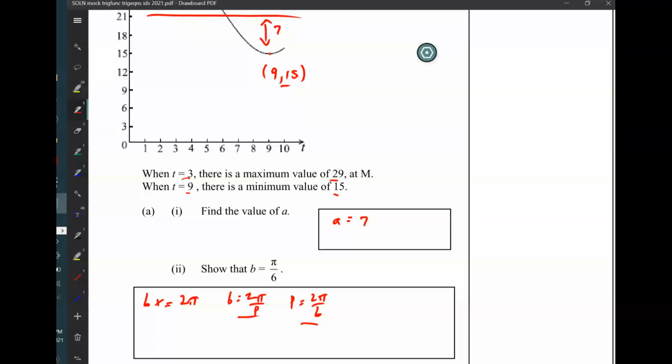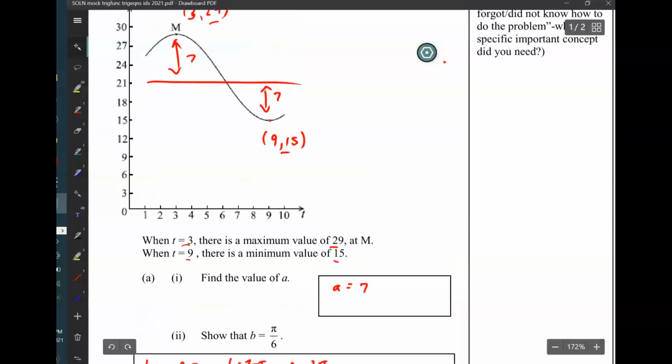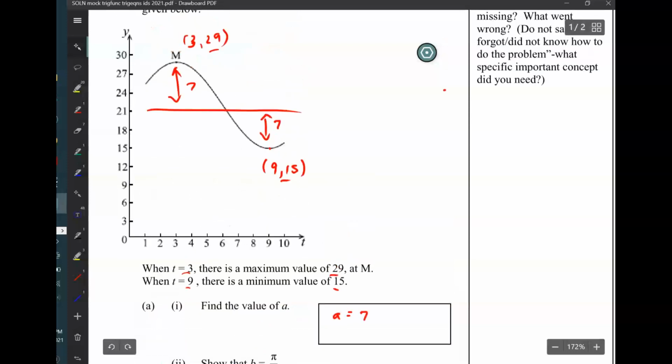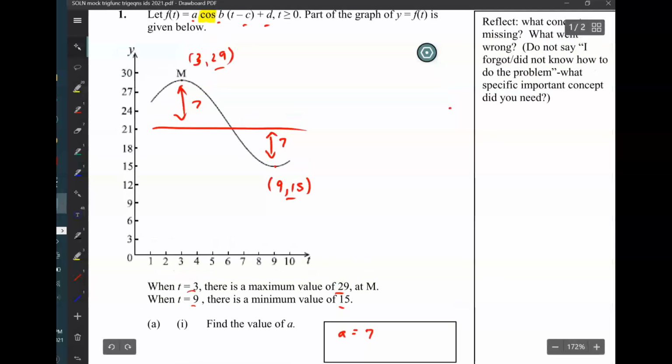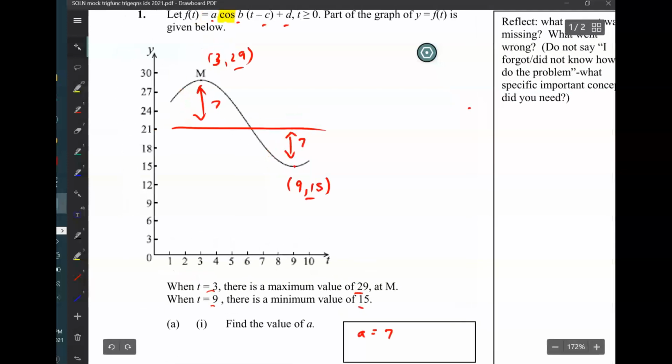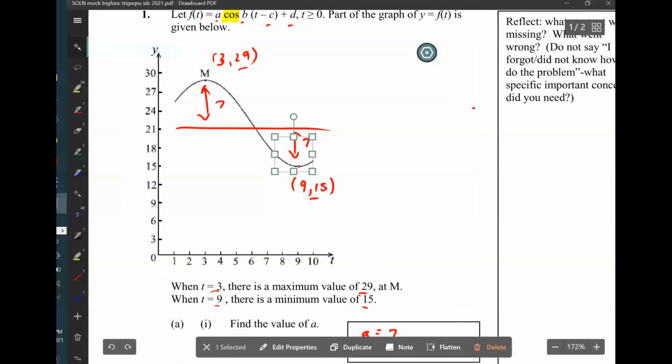So in this particular case, we want to find out what b is equal to from the information that we have. Remember that it's pretty hard to see what b is equal to just from looking at the trig function. It's a lot easier to see what the period is equal to. So let's do that first. Let's figure out what the period is from the information here.